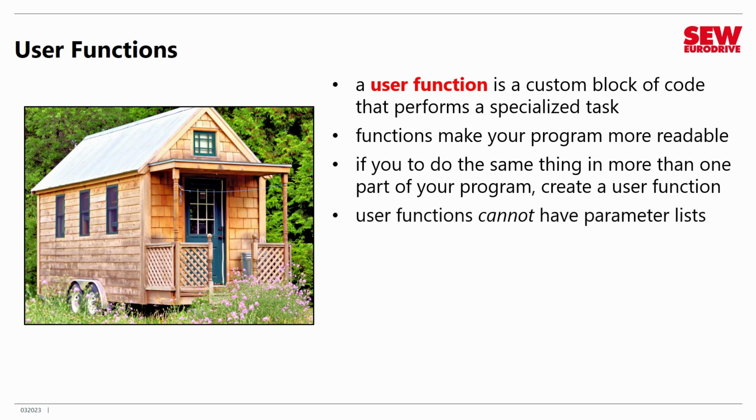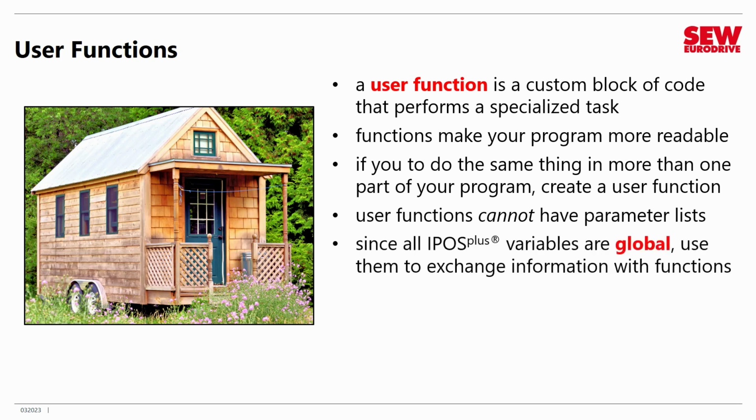One thing you should be aware of, this differs from the system functions. You cannot have parameters in the parentheses with your functions. There are no parameter lists, so you can't pass values into them. Now you may be thinking, well, in that case, how do I control them and modify their behavior? Well, the answer is, since all the variables in IPOS are global, that means they can be seen everywhere.